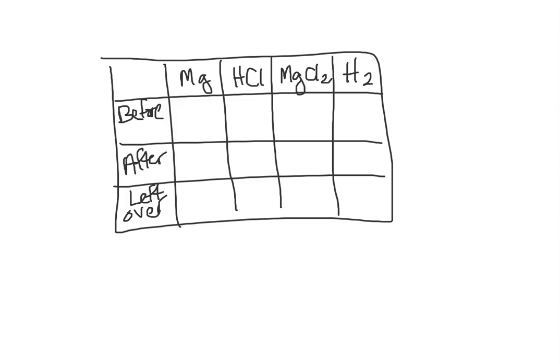Now, you don't have any of those left over because you didn't start with any of those. Okay, so before the reaction, you're going to put what you have in these numbers, and then after the reaction, and then see how many you have left over.